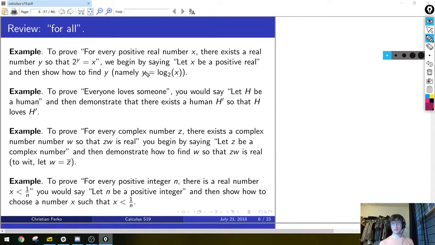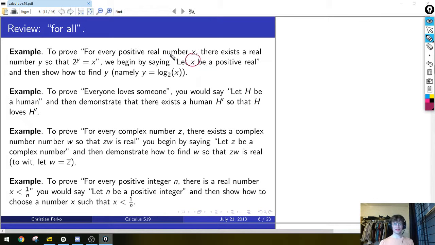So, alright, if you wanted to prove for every positive real number x, there exists a real number y with the property 2 raised to the power y equals x. In particular, you want to prove this statement is true for every x. The way you prove that is to begin by saying let x be a positive real.